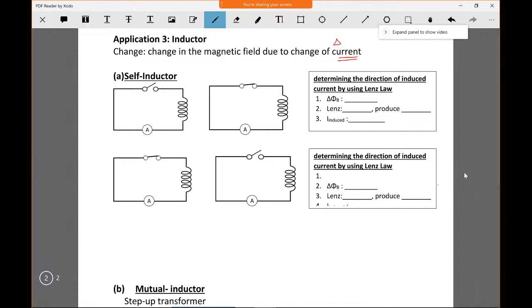When there is a change in current, it results in a change in magnetic field, and finally a change in magnetic flux. So look at the first one, when the power supply is just connected to the inductor. In this first diagram, there is no current, so magnetic flux also equals 0.